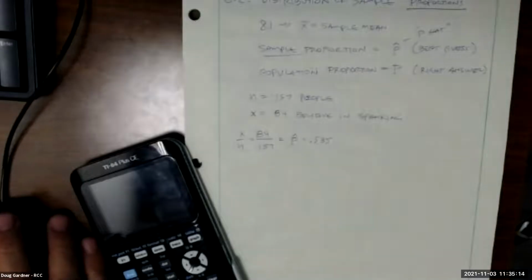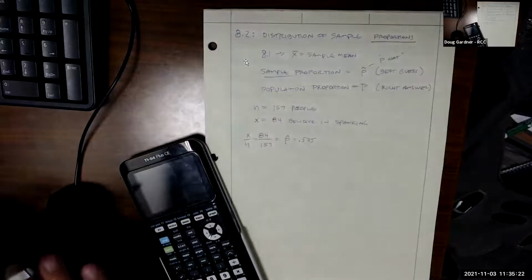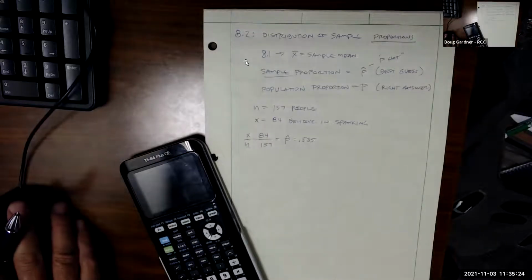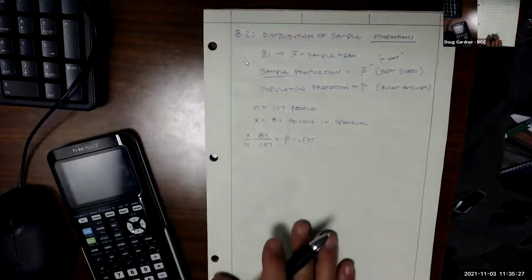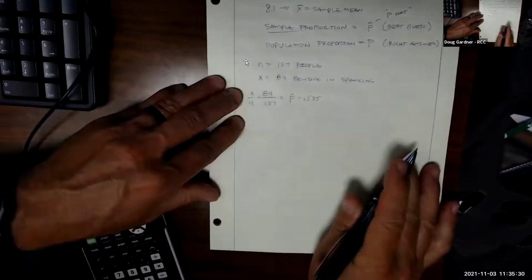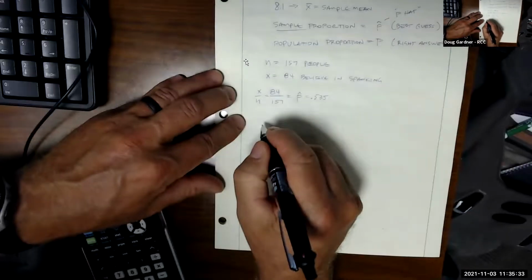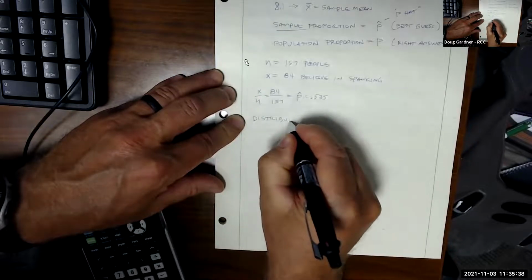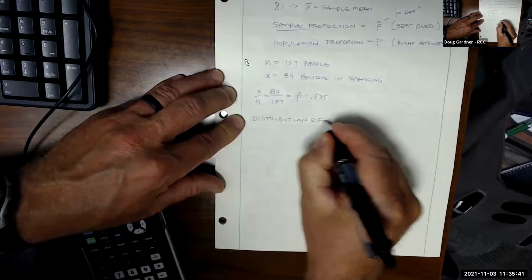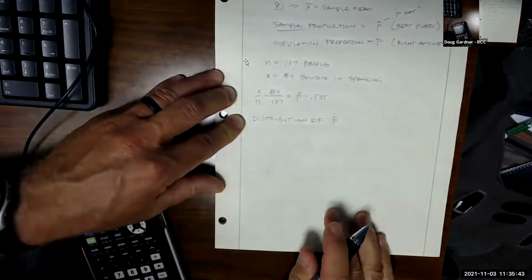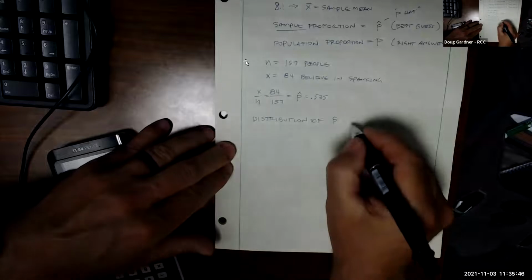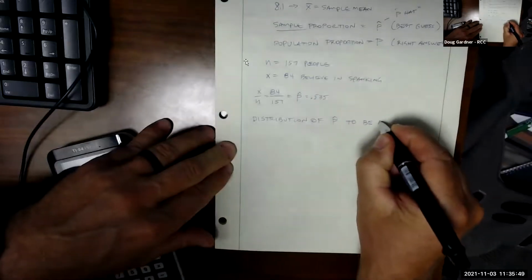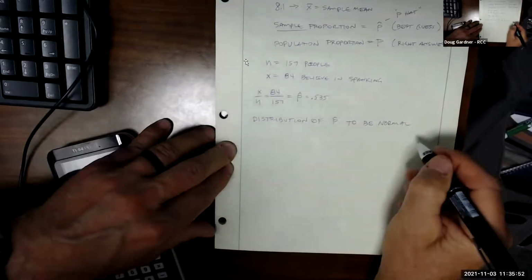Okay, so let me draw one conclusion from that you need to understand. And I think this is on your note sheet. And that is this: for the distribution of, again, sample means to be normal.